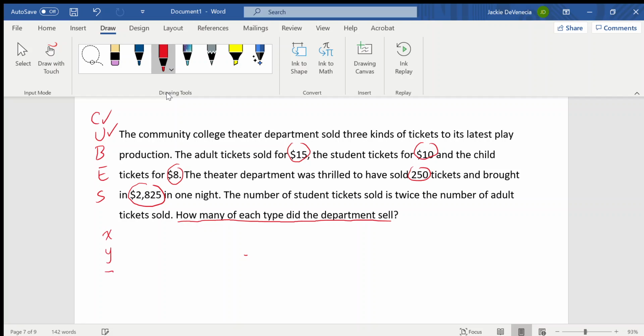So we have X, Y, and Z. X could be the number of adult tickets. Y could be the number of student tickets. And Z could be the number of child tickets.